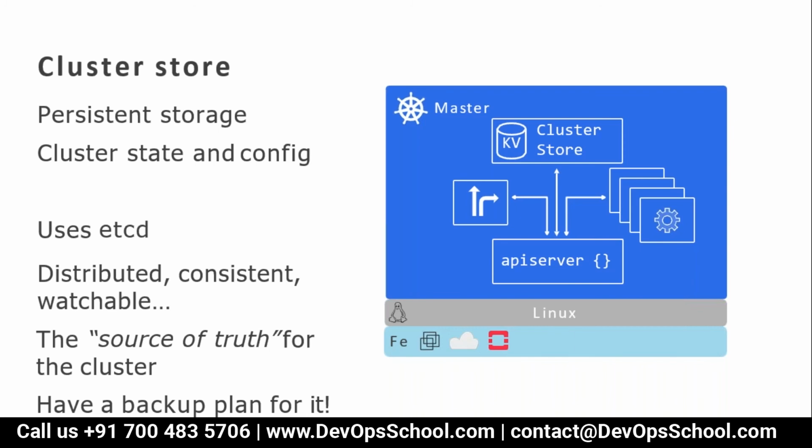Anything you send to the API server is stored where? Cluster store. What is cluster store? It is your persistent storage, your permanent storage, where everything you sent or the cluster has is stored.